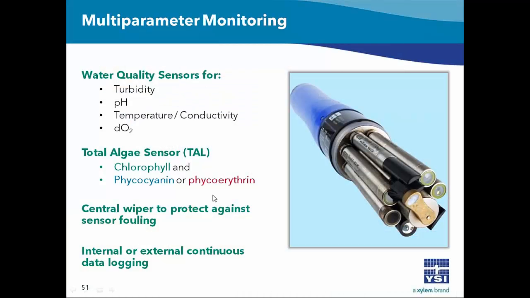And this is just so that you're aware, an example of a multi-parameter monitoring tool is of course a YSI EXO sonde, which you can equip with sensors that measure a lot of those water quality parameters we already talked about, as well as these critically important pigments. It has some other features that make it very useful, for example, for long-term and continuous monitoring. And it can even do some of the logging of the data for you, just in case you're not one of the people who has a satellite or access to a satellite.